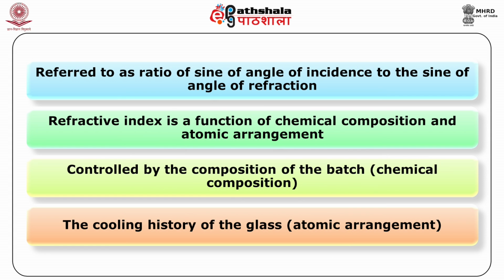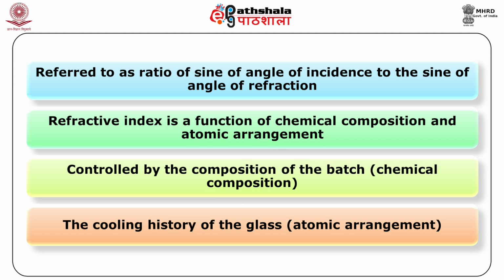It is also referred to as a ratio of sine of angle of incidence to the sine of angle of refraction. Refractive index is a function of chemical composition and atomic arrangement.